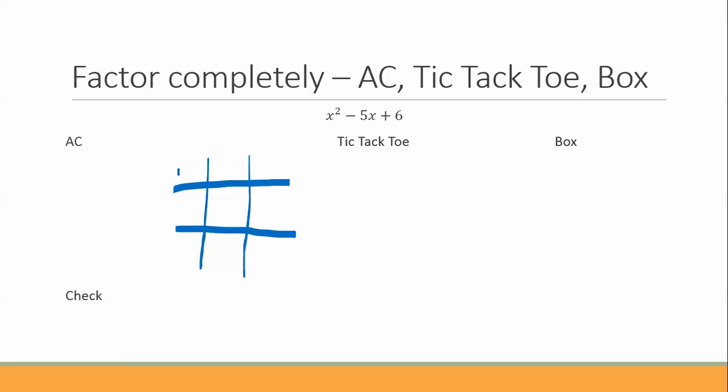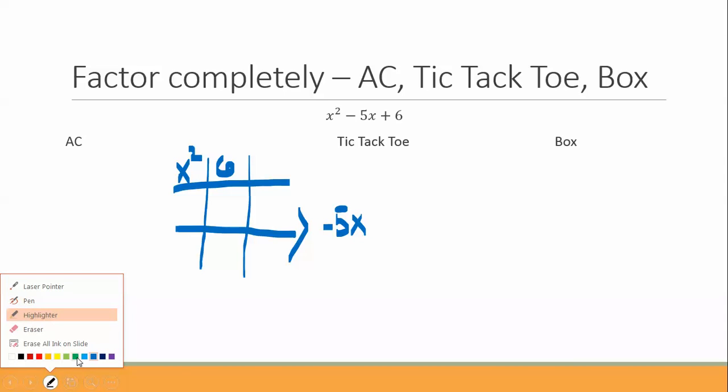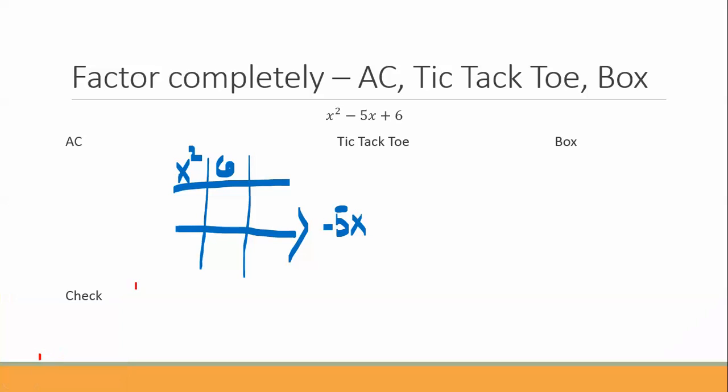So we have x squared goes here, and 6 goes here, and these two terms that are going to be here have to add to minus 5x. So now we're going to multiply across. So x squared times 6 is 6x squared.